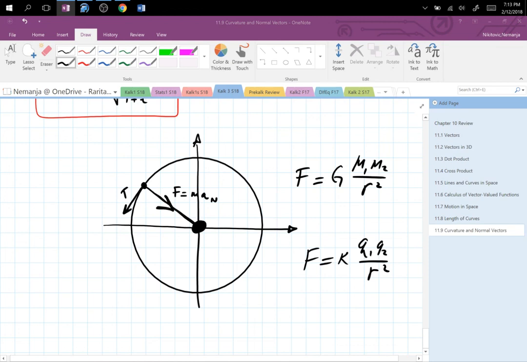So in the calculus book, let me just find the page. 847. Tangential and normal components of the acceleration.